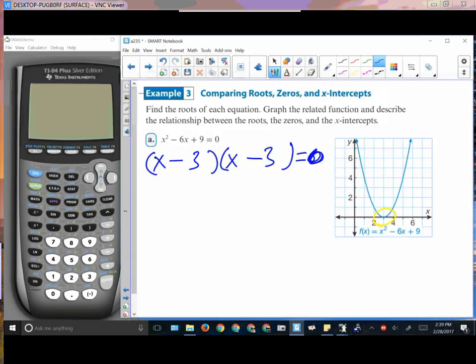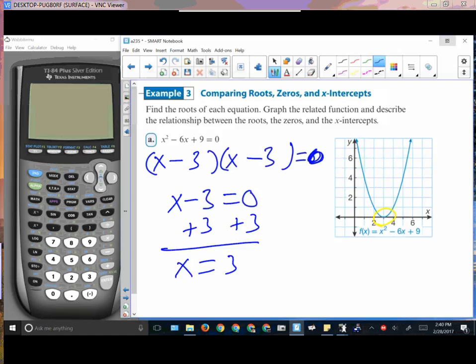Now, do I have two different things there? Well, yes, I have two different things being multiplied together, but are they the same? So do I really just have to concern myself with x minus 3 is equal to 0? Add 3, x is equal to 3.